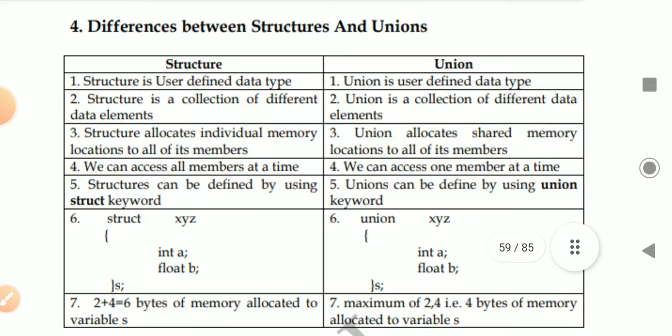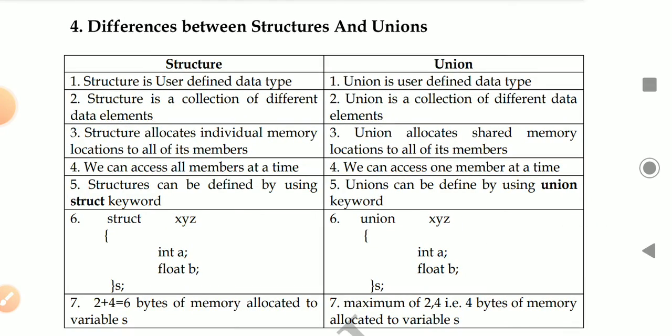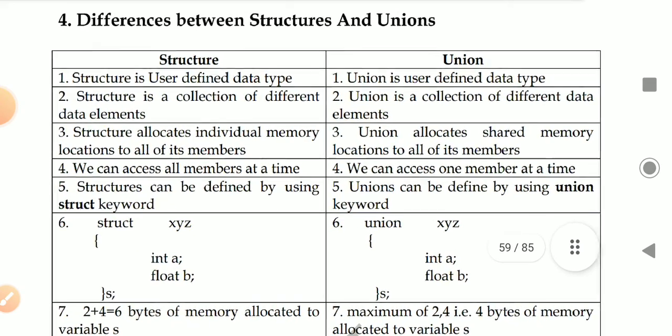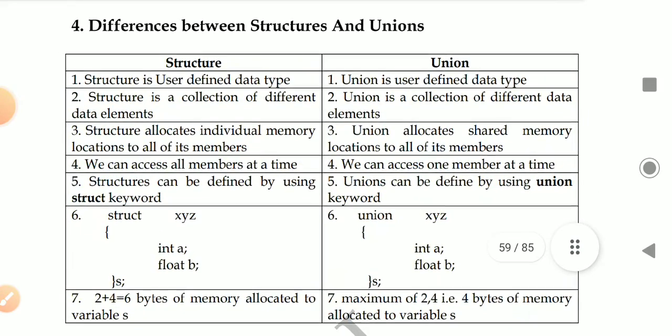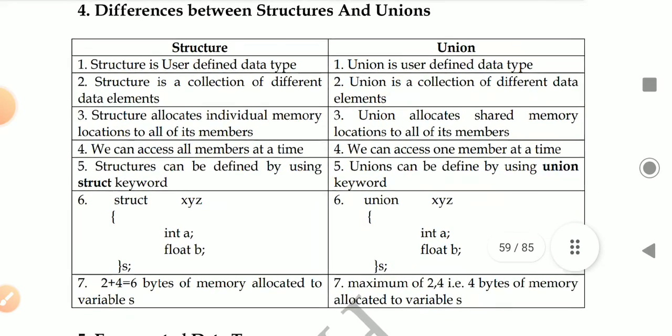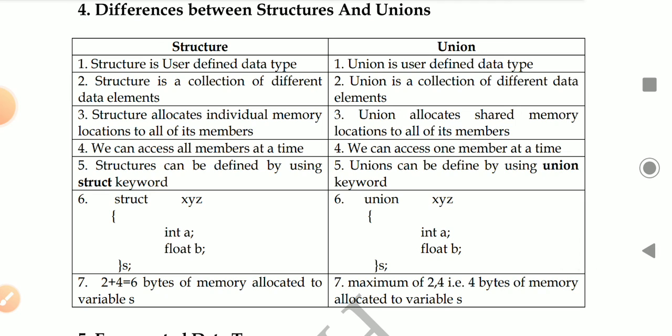One of the similarities is that a structure is a user defined data type, and a union is also a user defined data type. A structure is a collection of different data items, and a union is also a collection of different data items. These are the 2 similarities between structures and unions.